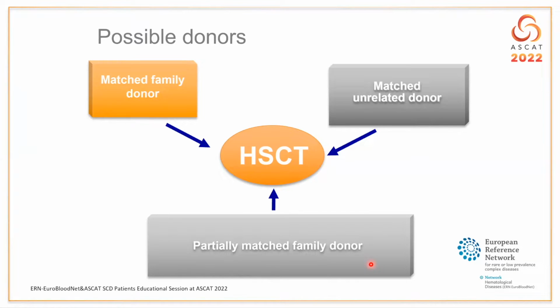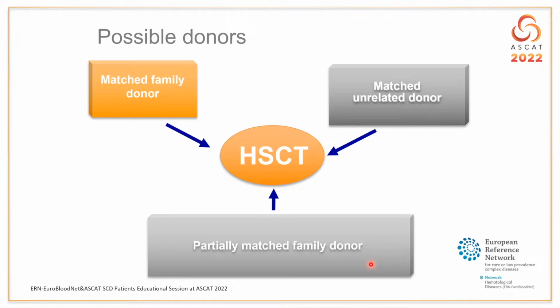This approach of a transplant from a partially matched family donor is so-called haploidentical transplant. That means a transplant from a donor who is 50% compatible. It is not recent. It was developed several years ago, initially for patients affected by leukemia, and over time the results improved significantly.